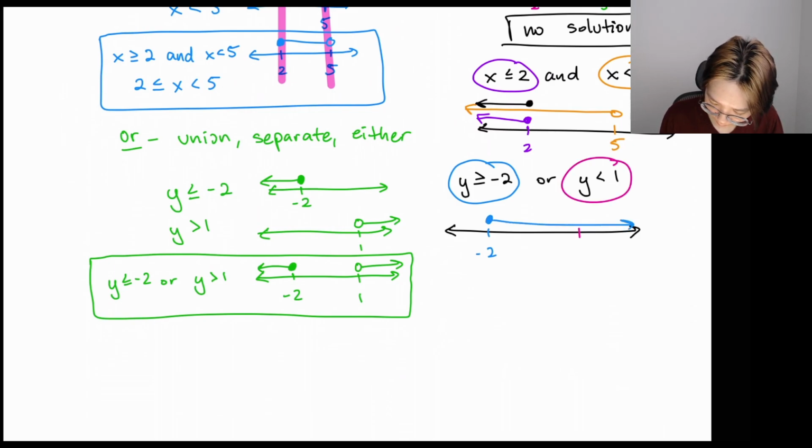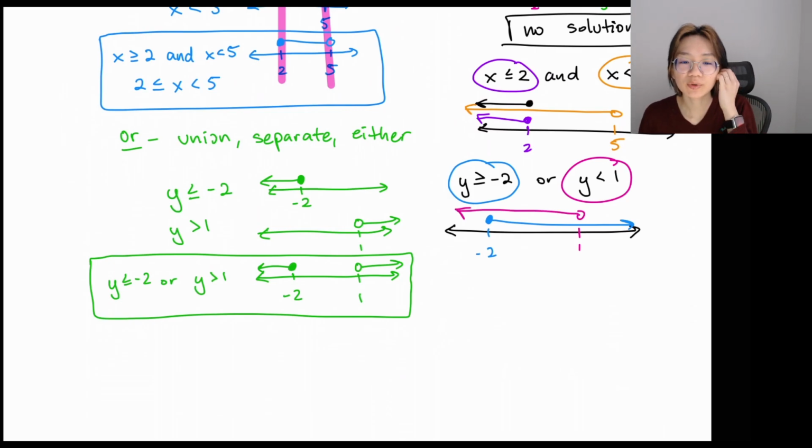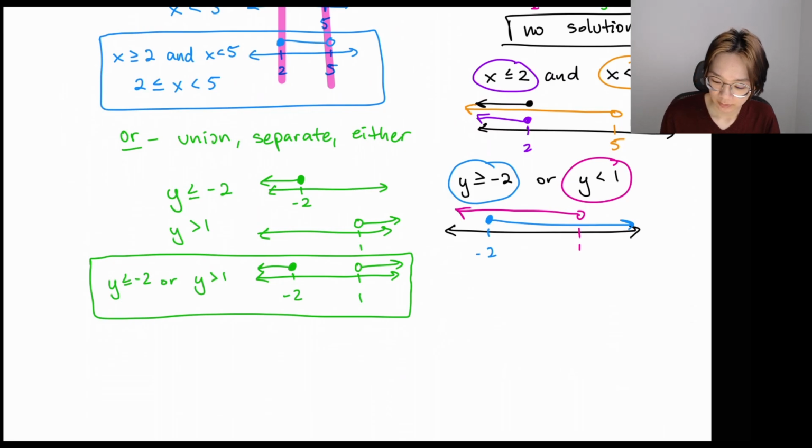We have this one, open circle, less than. Well, only one of them has to be true, or it's the union of them, if you know what union is. Only one of them has to be true, but if we look, basically the entire number line is covered. Even this hole that we have here at 1 is covered by being greater than -2.